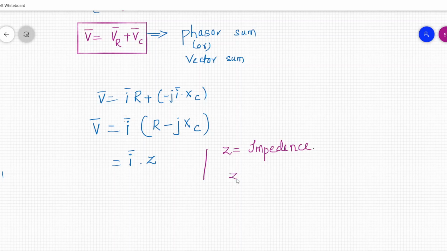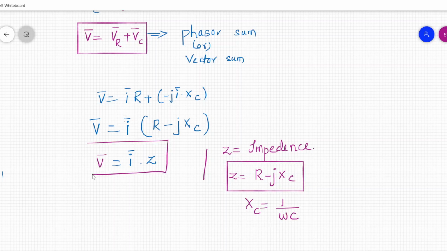Z for the RC network is R minus J XC, where XC is capacitive reactance, XC equal to 1 by omega C. So this is the voltage across the entire RC network, I bar into Z, where Z equals R minus J XC, and XC is 1 by omega C.